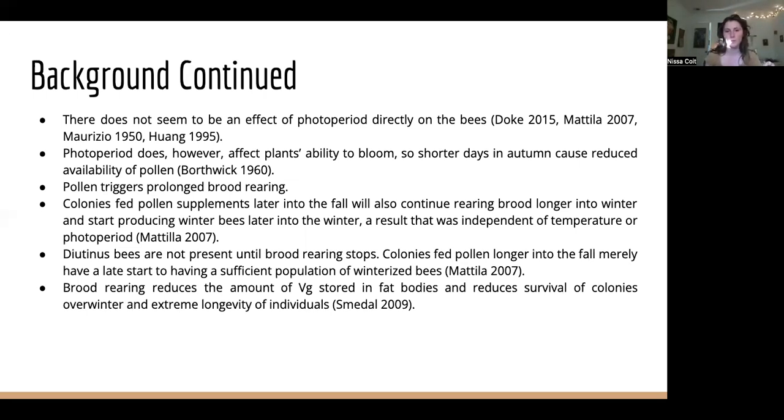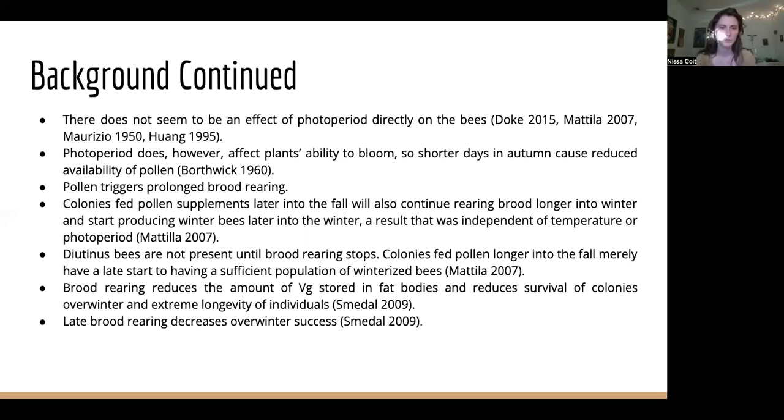As they're rearing more brood, they're not able to put any pollen they've consumed into their fat bodies and create winter stores. If you imagine a bear getting ready to hibernate, if it's breastfeeding, for example, it's not going to be able to put those stores into its own body and overwinter.